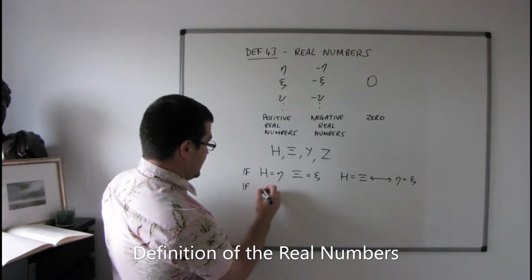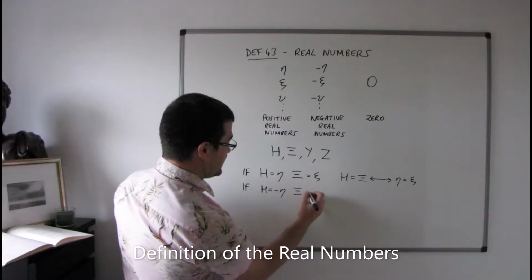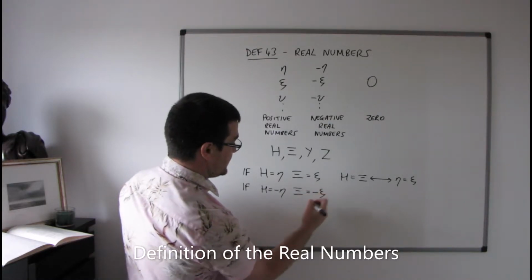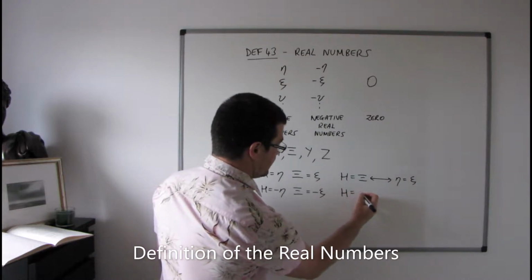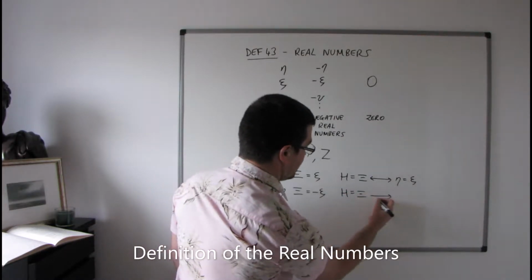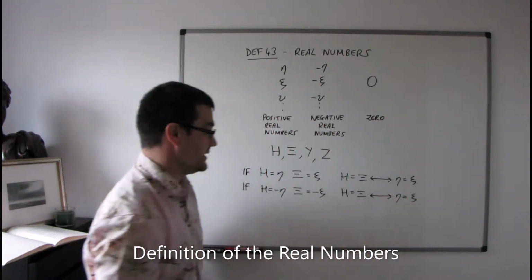And moreover, if η equals minus η and ψ equals minus ψ, then in this case we get that η is equal to ψ if and only if η equals ψ.